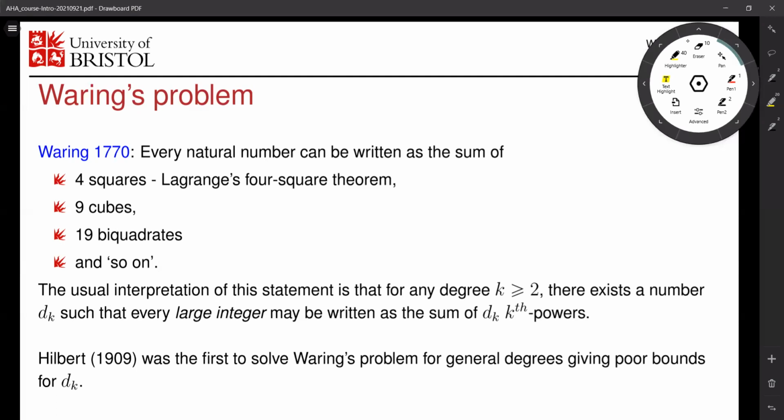When he wrote this letter, 'and so on' usually means that if you give me some degree k, like 10, I look at all the 10th powers, you can find some number of 10th powers that you can represent all natural numbers as.